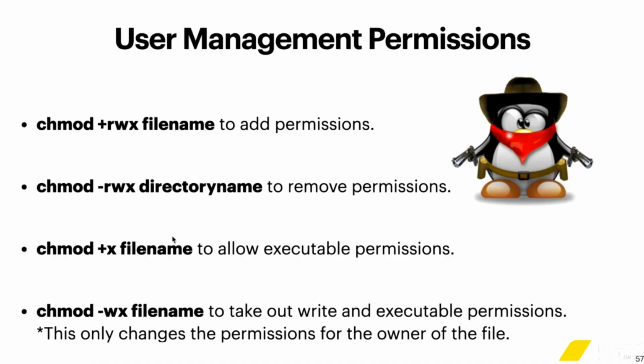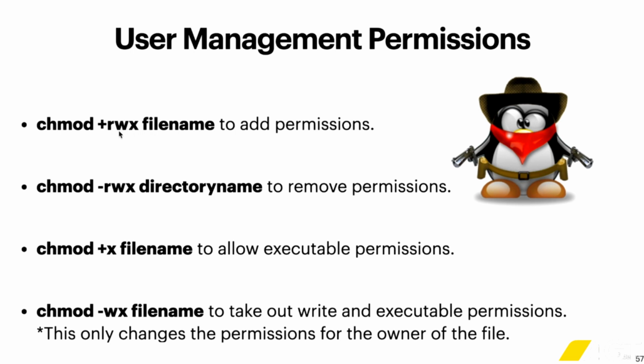Now let's see how we can add and remove permissions for the owner. We just saw how we can change the ownership of a file. Now we are going to see how we can change the permissions we have given to the owner of a particular file. If I do chmod plus rwx and the file name, this way I can add any kind of permission. The plus sign is for adding the permission, and here I will write the name of any kind of permission I want to give.